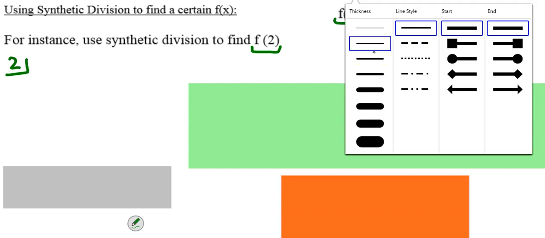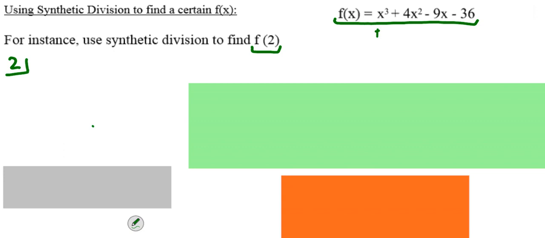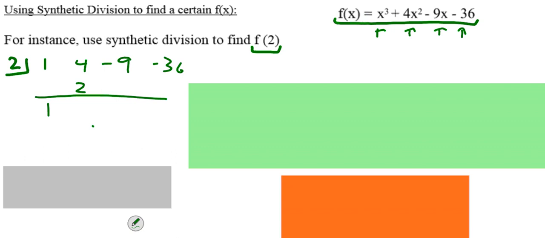All right, so we'll put the coefficients: 1 and 4 and -9 and -36, and we'll drop down the 1. We'll start multiplying. Right, 4 plus 2 is 6, and we'll multiply again, and add again, and multiply again, and add again, and we get -30.